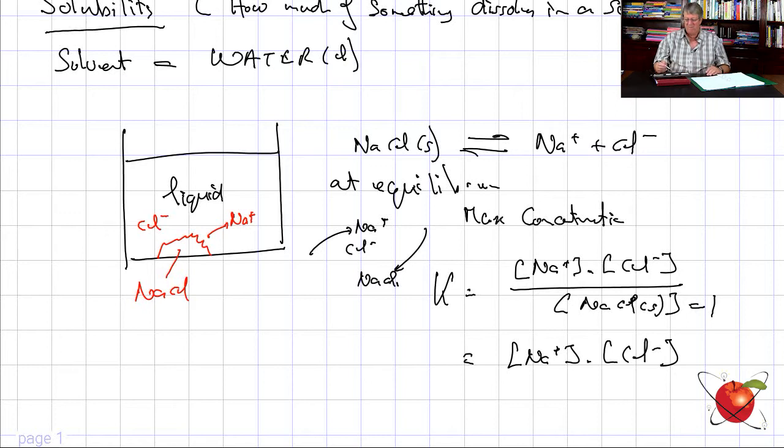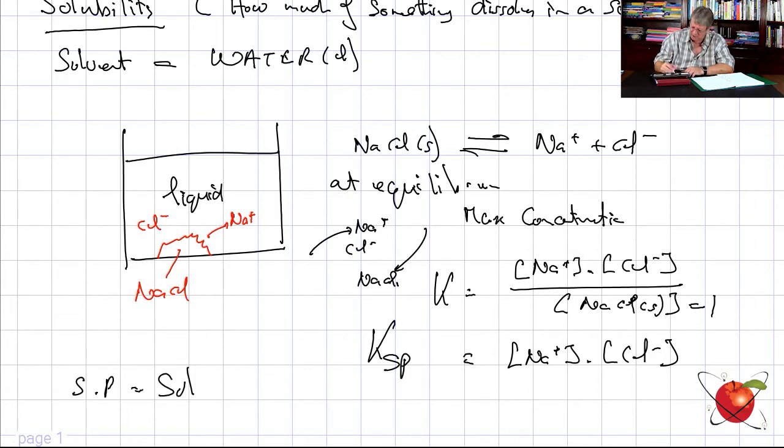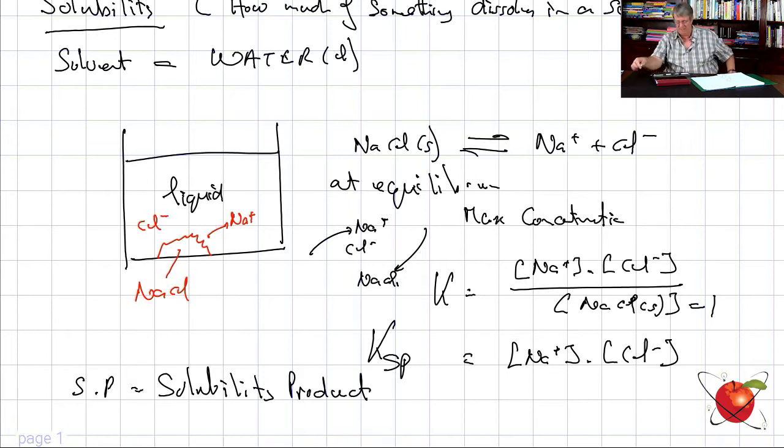That's an equilibrium expression, because at that particular temperature, no more can dissolve. Thus, we call this Ksp. SP is the solubility product. Solubility product. At that point, no more can dissolve.